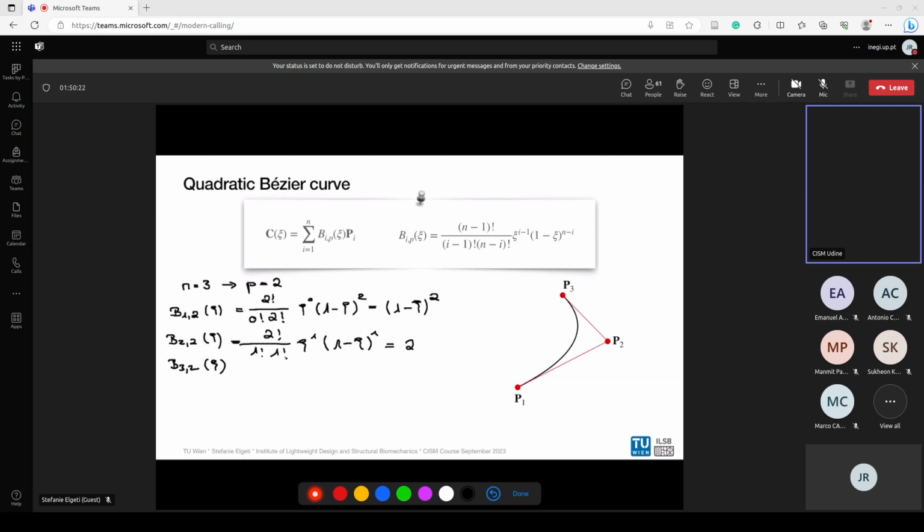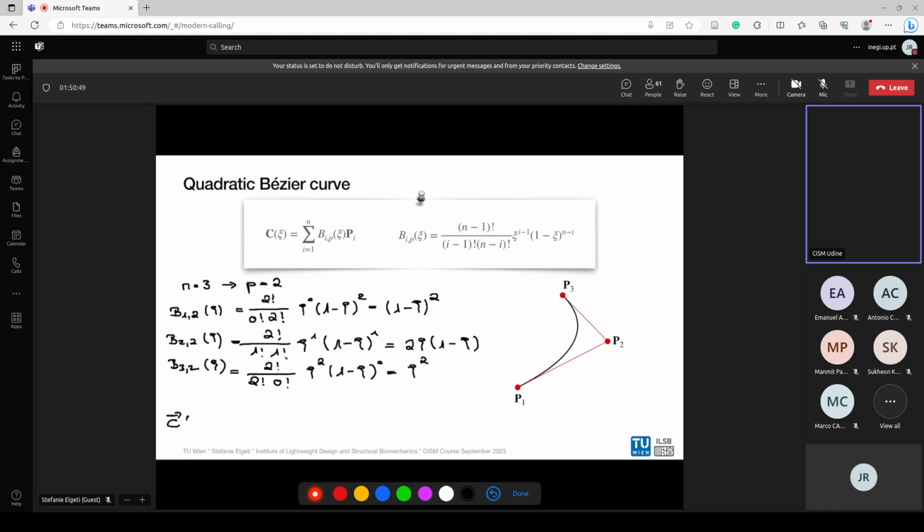Then our basis function is 2 psi times 1 minus psi. And then for the last basis function, 2 factorial divided by 2 factorial times 0 factorial times psi squared and 1 minus psi to the power of 0. So the basis function is psi squared.